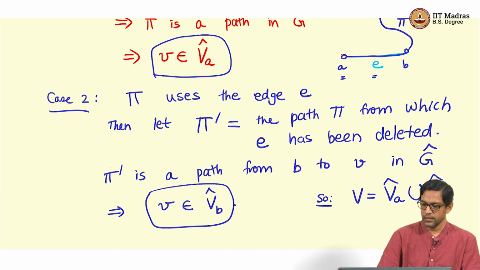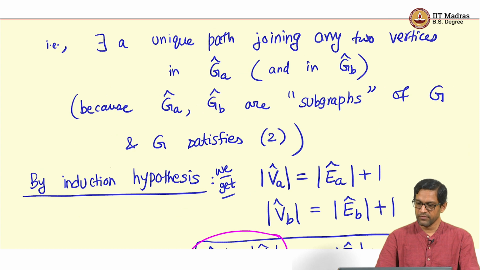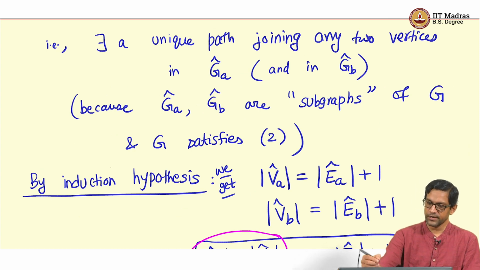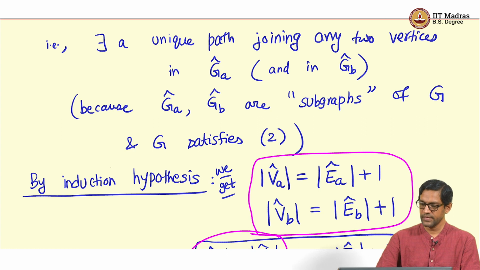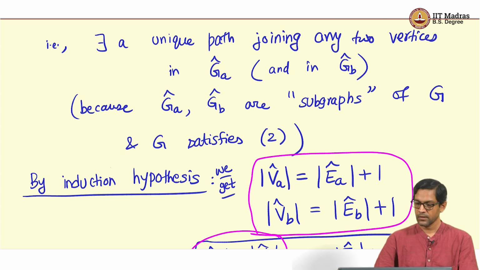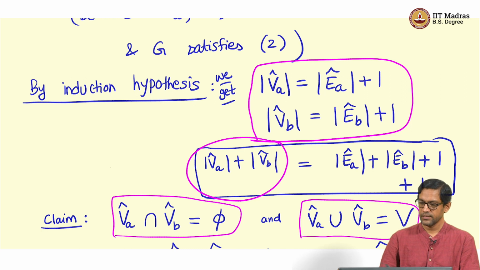Okay, so now we are more or less ready to finish the proof. So, recall the definition of the edge sets. We use the induction hypothesis to conclude that these relationships hold between the numbers of vertices and edges of VA hat, VB hat and the edges between them, EA hat and EB hat, and now we were able to add them together to obtain the fact that VA hat plus VB hat is equal to EA hat plus EB hat plus 2.